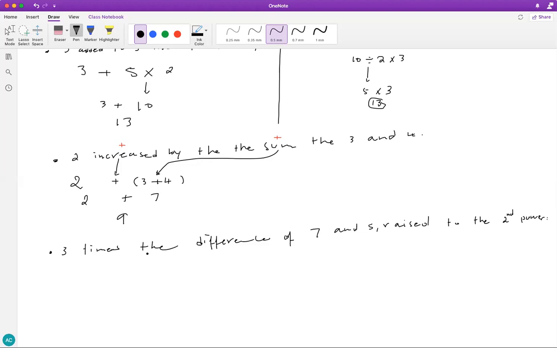Okay, so 3 times the difference of 7 and 5 raised to the second power.